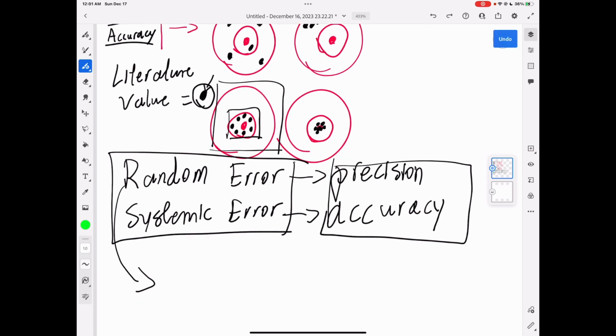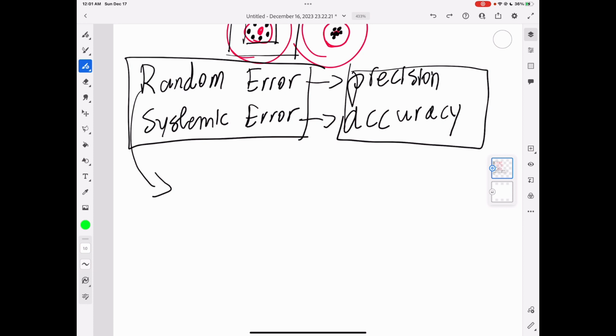So speaking of what to improve, for random error, what we want to improve is the precision of the instruments. So let's say you have a graduated cylinder.